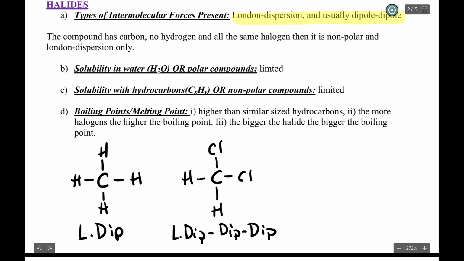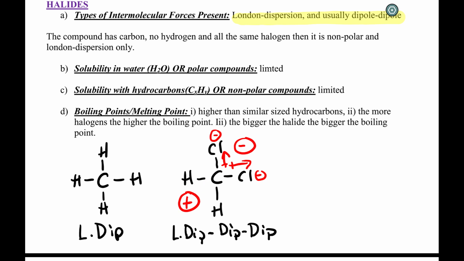And the reason for that is these chlorines are much more electronegative than carbon. And so the electrons get pulled to this side, and so it's going to be negative over here and positive over here, giving it a dipole moment in this direction towards the negative.